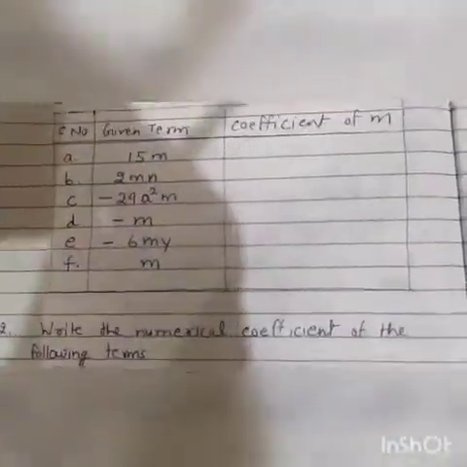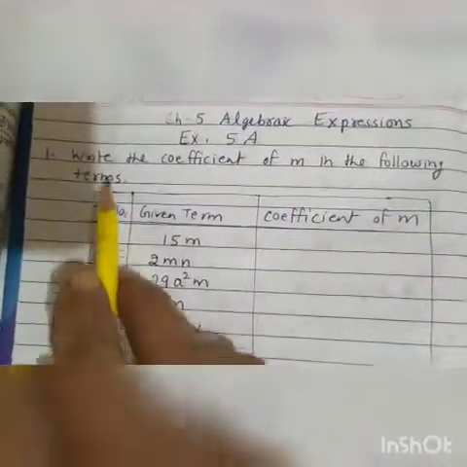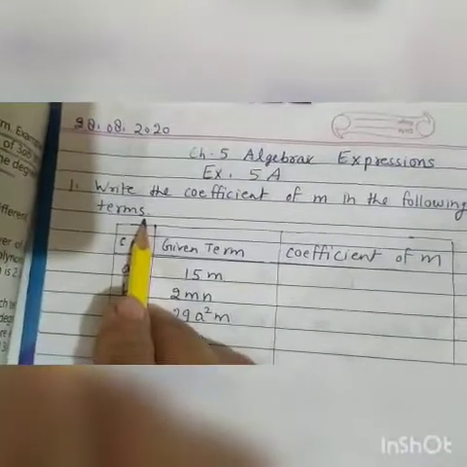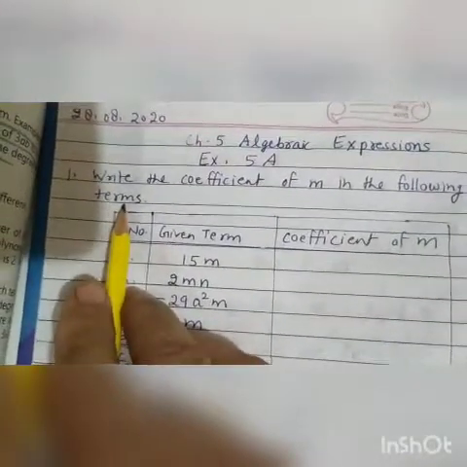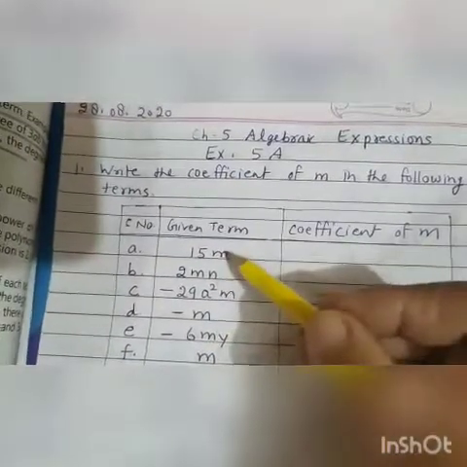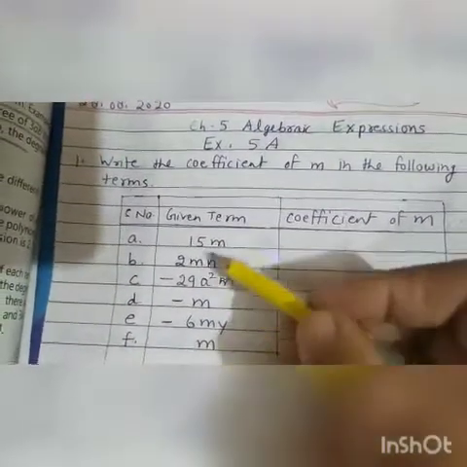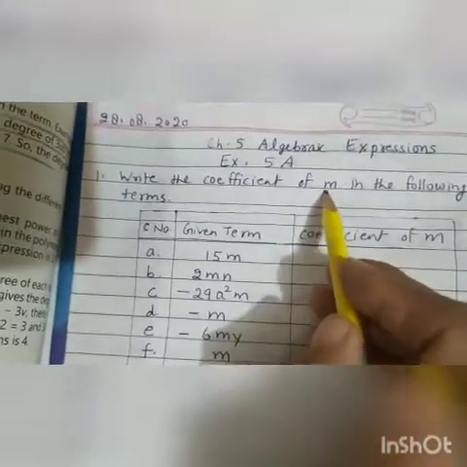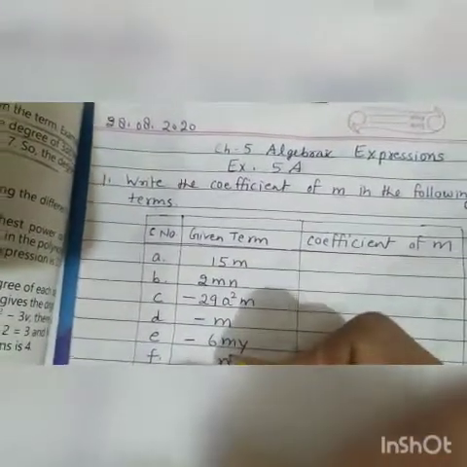So first we will do the first and second question. See here, write the coefficient of m in the following terms. We have to write the coefficient of m. Here some terms are given to us, 1, 2, 3, 4, 5, 6. We are given 6 terms and we have to write the coefficient of m in each term.